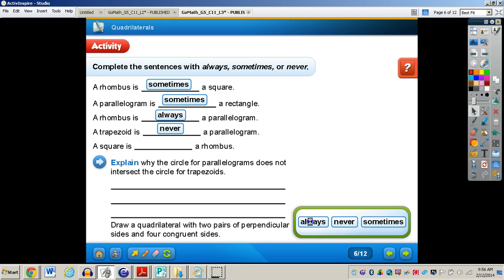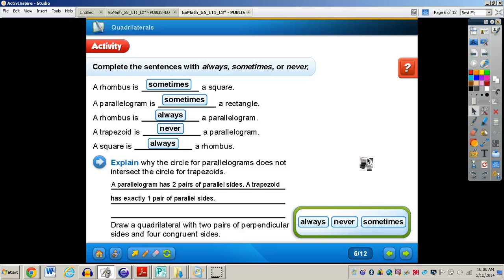It says explain why the circle for a parallelogram does not intersect the circle for trapezoids, and we know that a parallelogram has two pairs of parallel sides, and a trapezoid has exactly one pair of parallel sides, so those would never really have much in common at all other than being quadrilaterals.